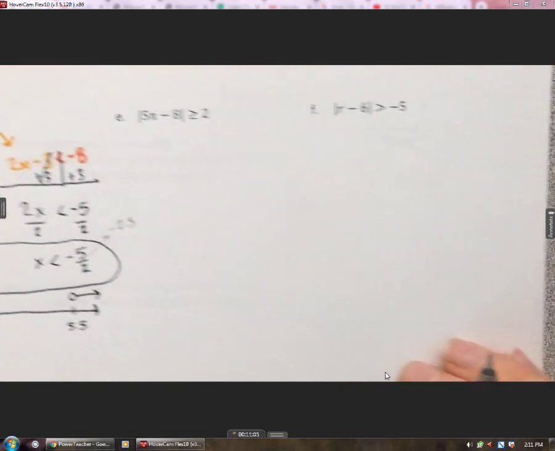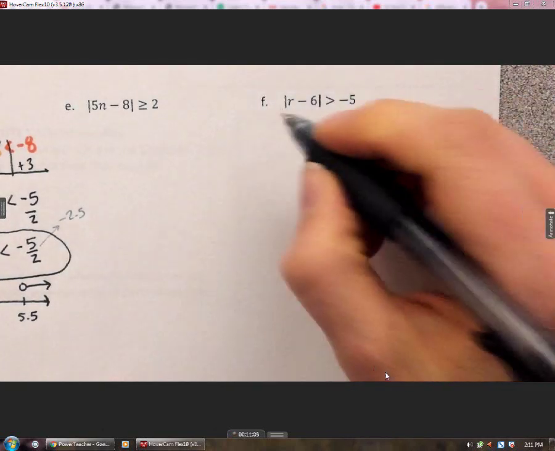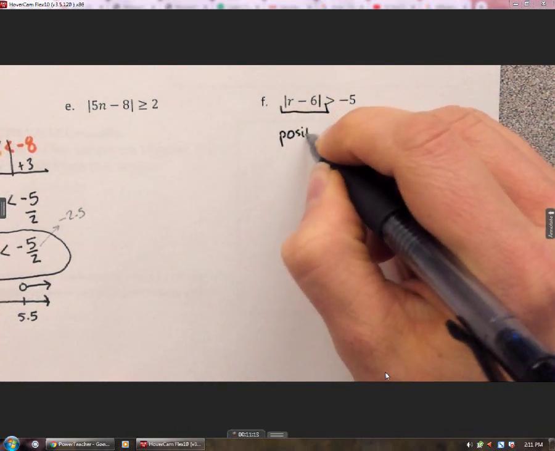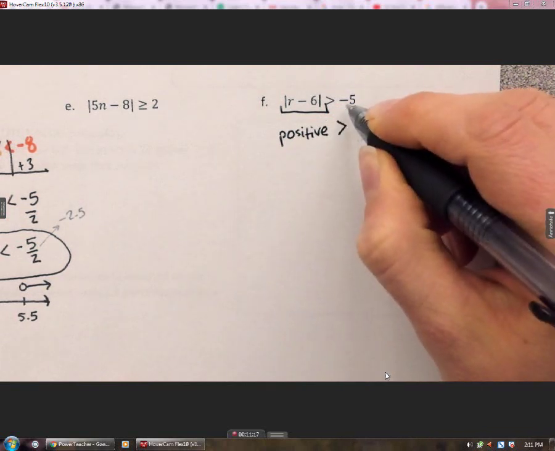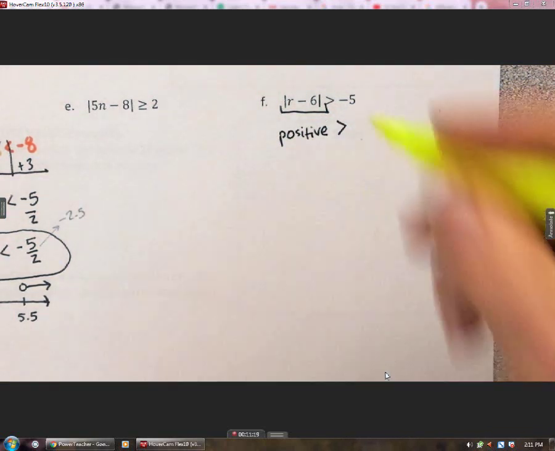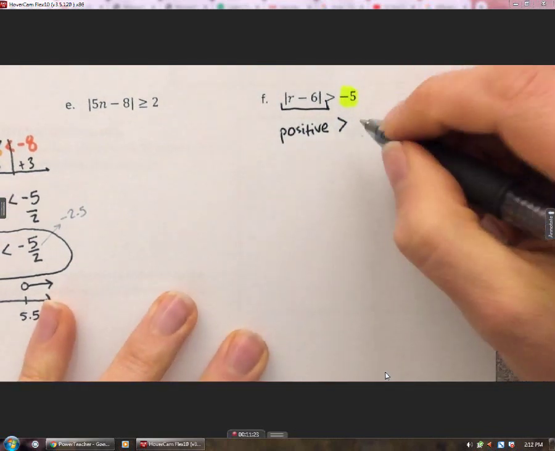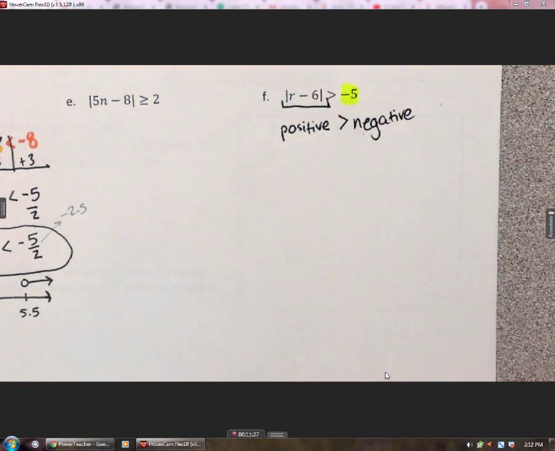But I do want to talk about F. Absolute value of anything will always be positive. This time it says positive is greater than a negative. Is that a true statement? Always. It's always true. Positive numbers are always bigger than negative numbers, no matter what the negative number is.